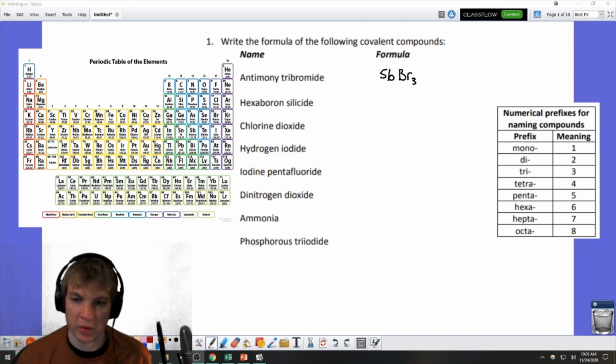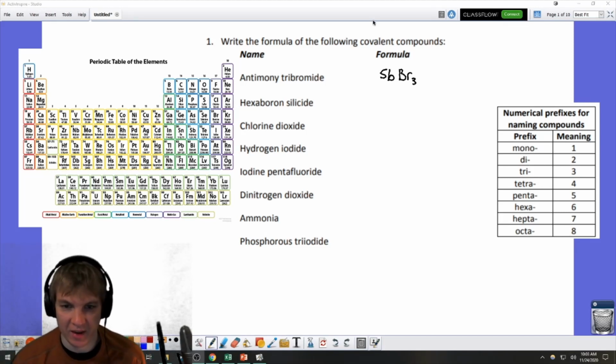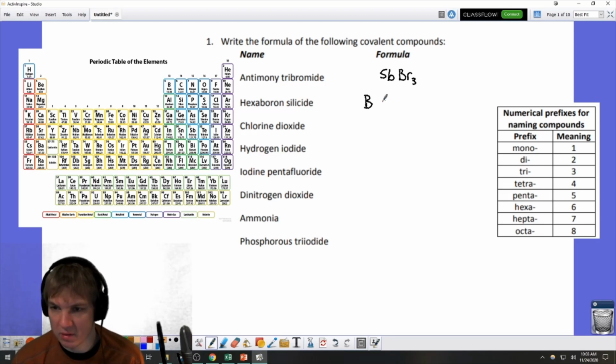All right, so the next one is called hexaboron silicide. And again, we want to take a look at the nonmetals here to find the formula. So hexaboron. Boron is this element right here. It's abbreviated with the letter B. And the hexa indicates that we have 6 of them, right? So hexa means 6. So I'm going to put a 6 right there. And then silicide comes from silicon right here, Si.